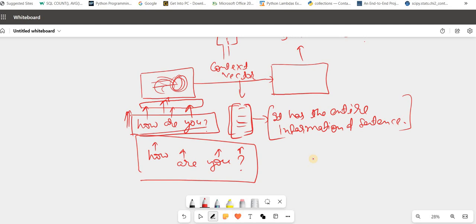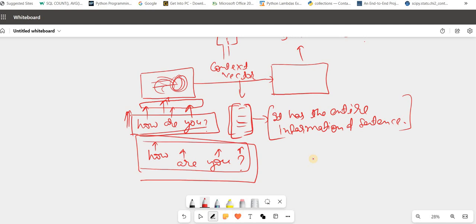No, it will not create a vector for "how" until the entire sentence has gone in. Just listen carefully.